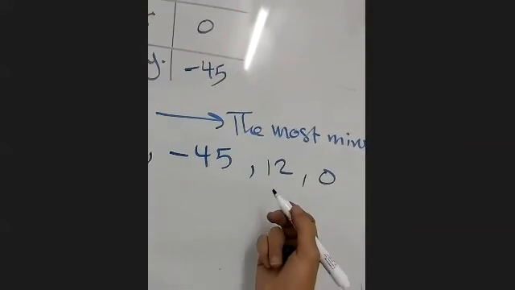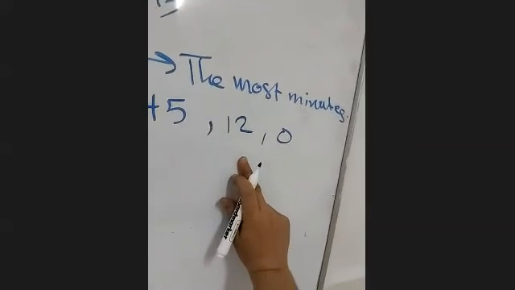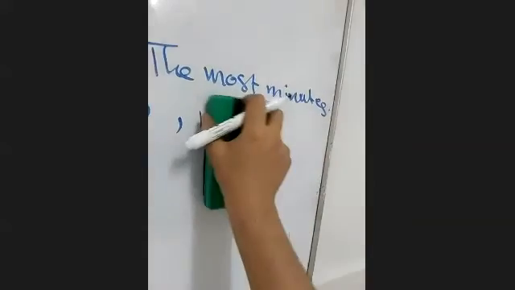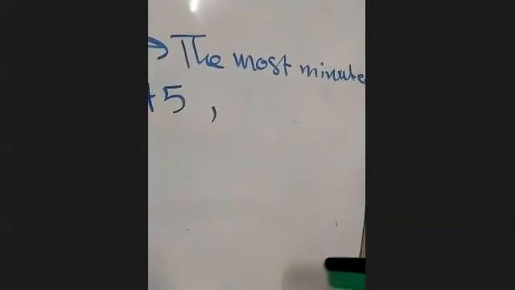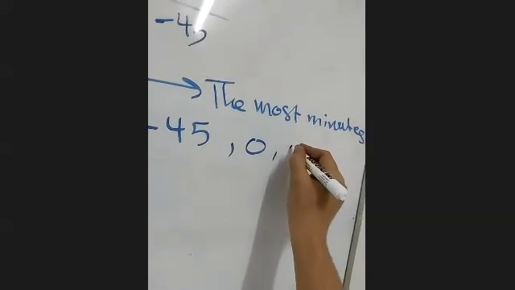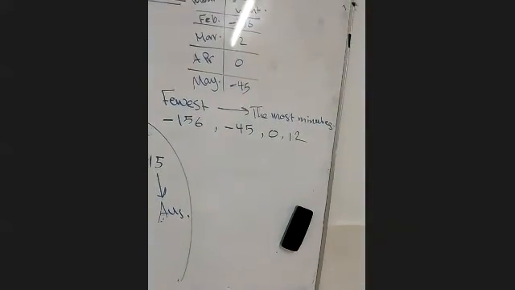Now you said then 12, then 0, which means 0 is bigger than 12. No, 12 is bigger. So what I will write after negative 45? 0. And the greatest one is what? The 12. Got it? This is from fewest, the least, to the most minutes, which are the greatest.